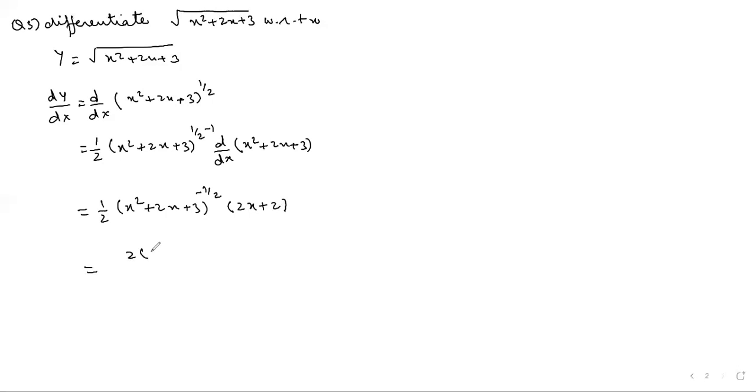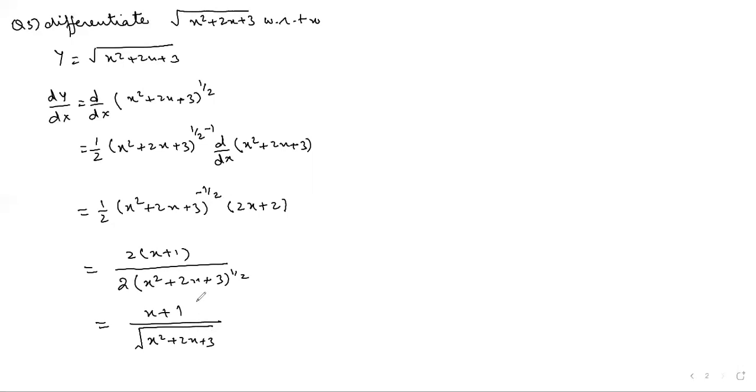So taking common 2, we have 2 into x plus 1 in the numerator, 2. In the denominator, we have 2, x square plus 2x plus 3 power positive 1 by 2. And the final answer is x plus 1 divided by under root x square plus 2x plus 3.